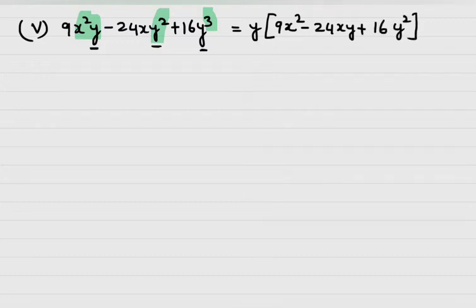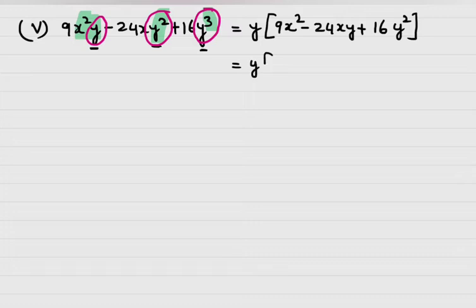Okay, you have removed one y from everywhere. See, here one y has been removed. So 9x square left. From here, one y has been removed. So in the middle only one y is left. And in the last term, y cube is there and you have removed one y. So y square is left. Now from here you can see that you are having y into 9x square minus 24xy plus 16y square.